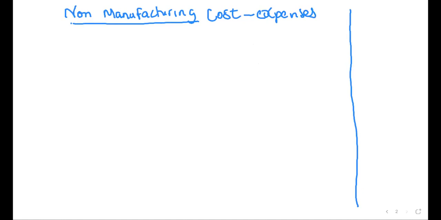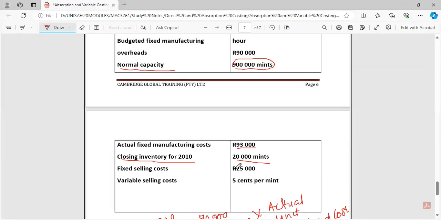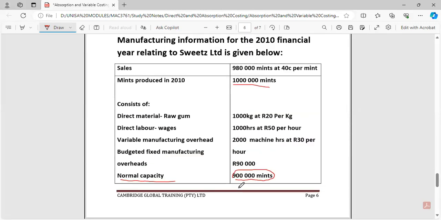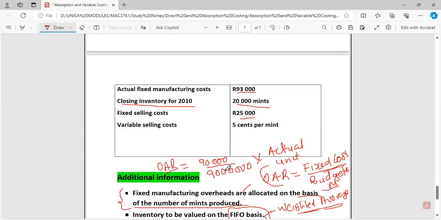So we go to our question and look for the non-manufacturing costs. We can look at fixed selling cost, which is not manufacturing, and variable selling cost, which is not manufacturing. Who else is non-manufacturing here? I think these are the only two, so we take those two.